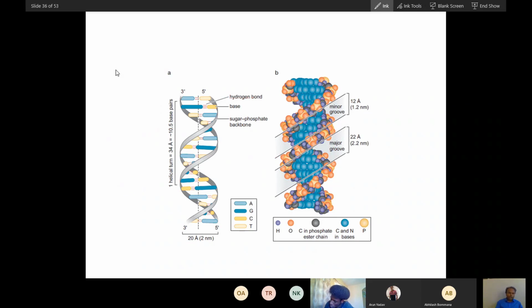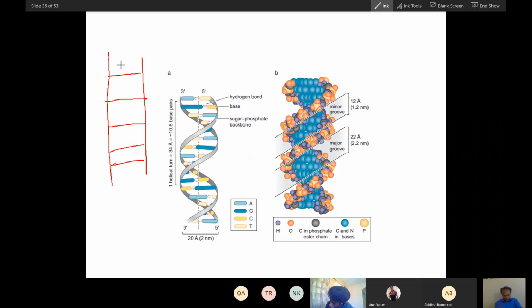Now DNA, when you fold this, just consider DNA as a stair, not the unfolded DNA. So this is DNA. When you place DNA like that, one side of this stair is the major groove, the other side of this stair is the minor groove.